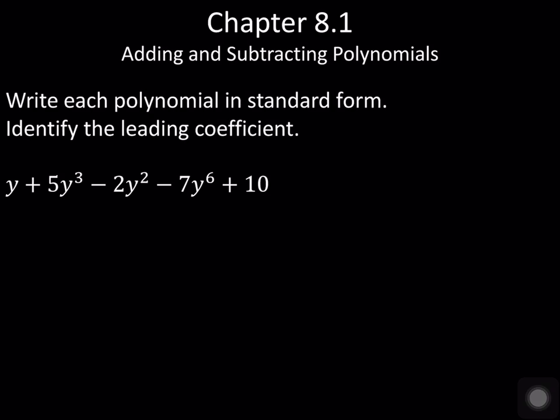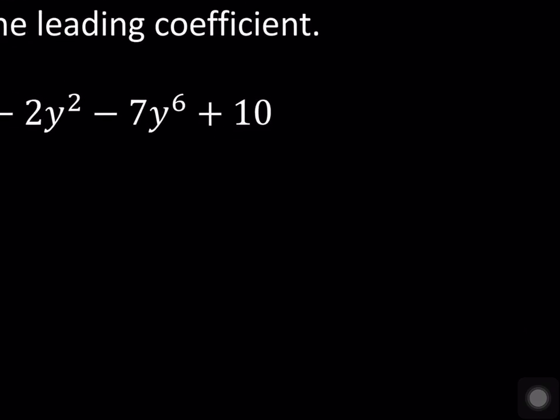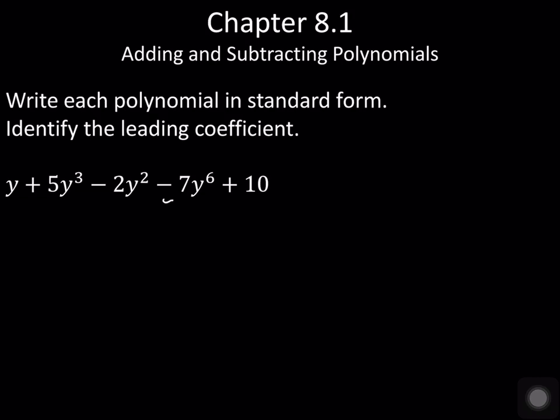All right, so largest degree first would be negative 7y to the 6th. And I don't want to spoil the punchline, but we already have our leading coefficient, negative 7.